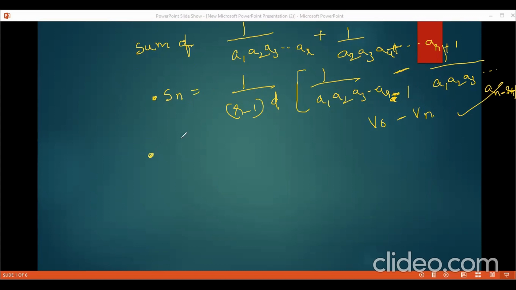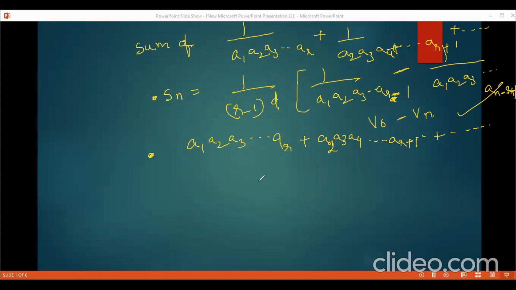Next, the second one. Just simply A1, A2, A3, so on A r, plus A2, A3, A4, so on A r plus 1, if you calculate up to n terms, then what will be the Sn?